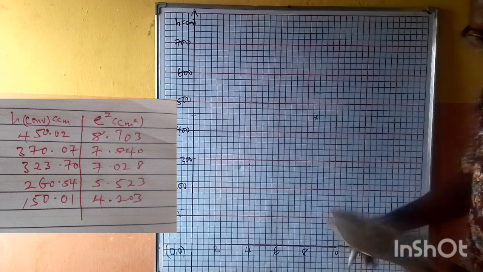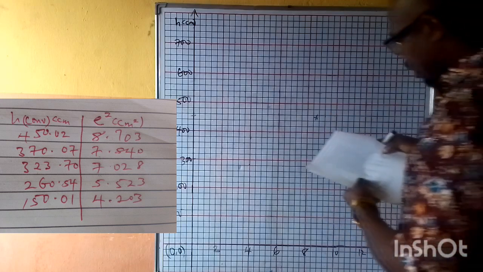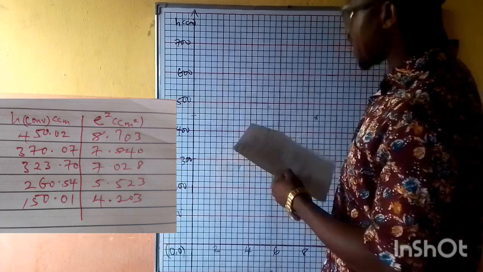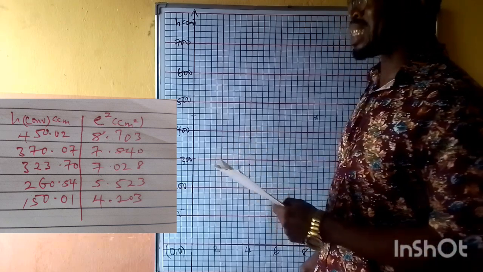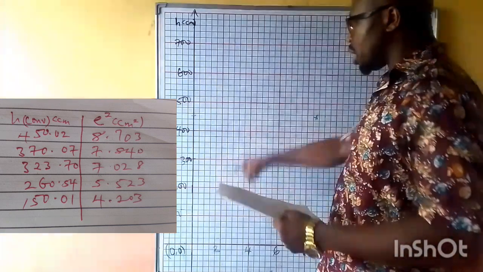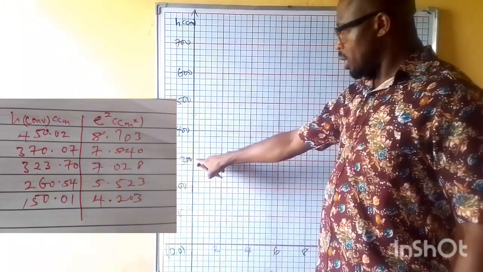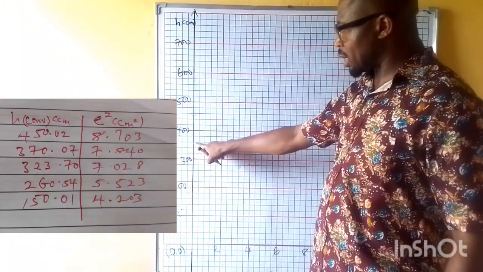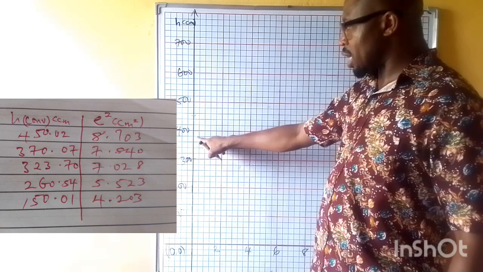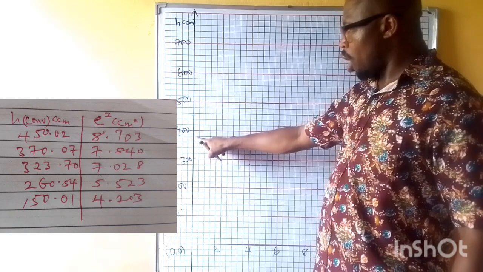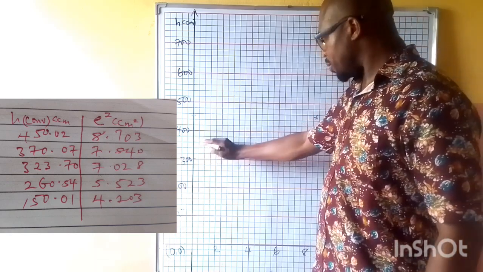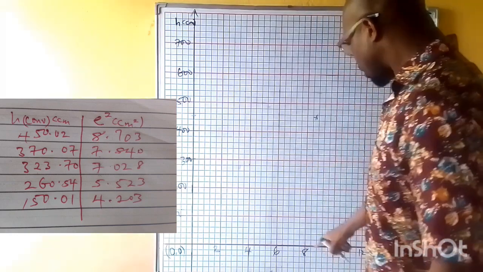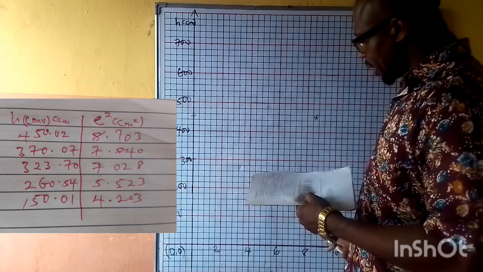The next one is 371. Now because 371, we can only plot 370, or we move it. Now this is 300 here, 320, 340, 360. Now the next one is 380. So of course, it is in between. So we note in between there, somewhere here. Now the other one is 7.8.